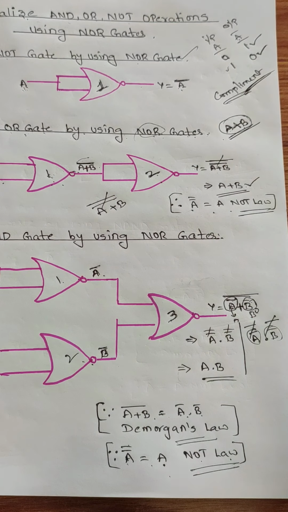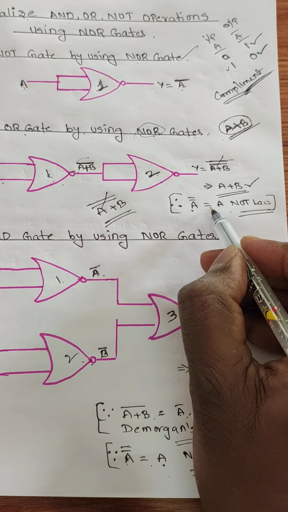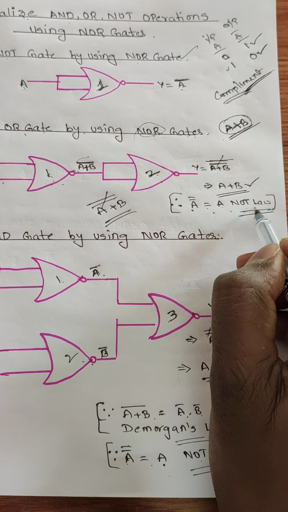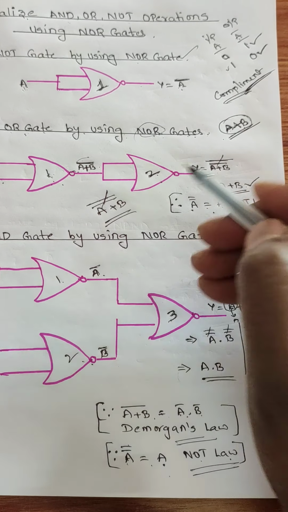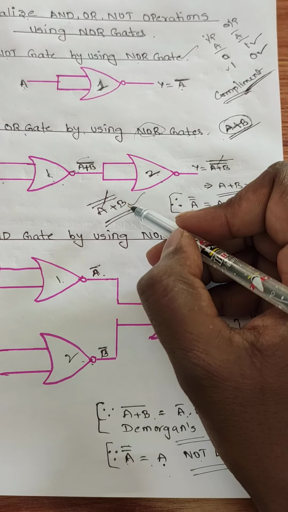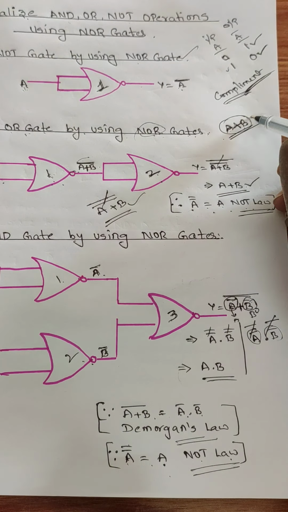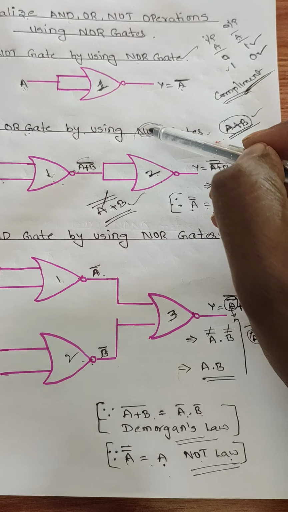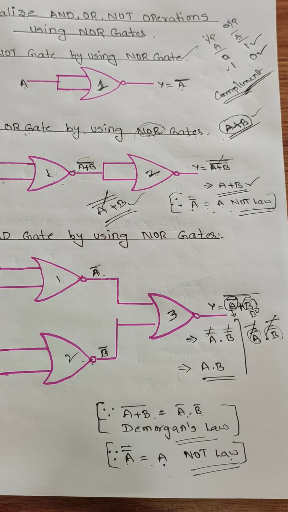These bars will get cancelled, giving A plus B, by using A double bar equal to A, the NOT law. So we got A plus B, as we know OR gate output is A plus B. By using two NOR gates, we constructed OR gate functionality.